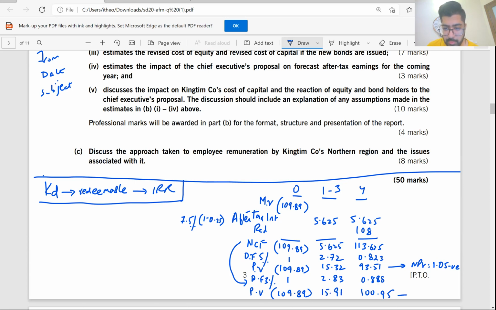We net them all. We get an NPV of 6.97 positive.